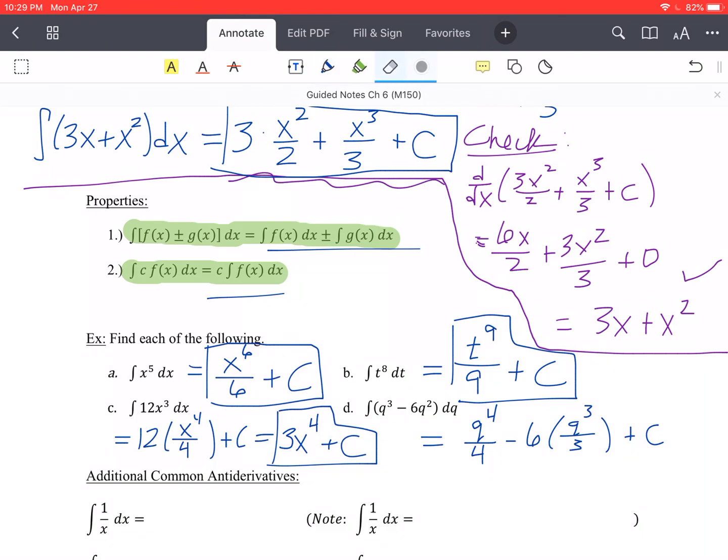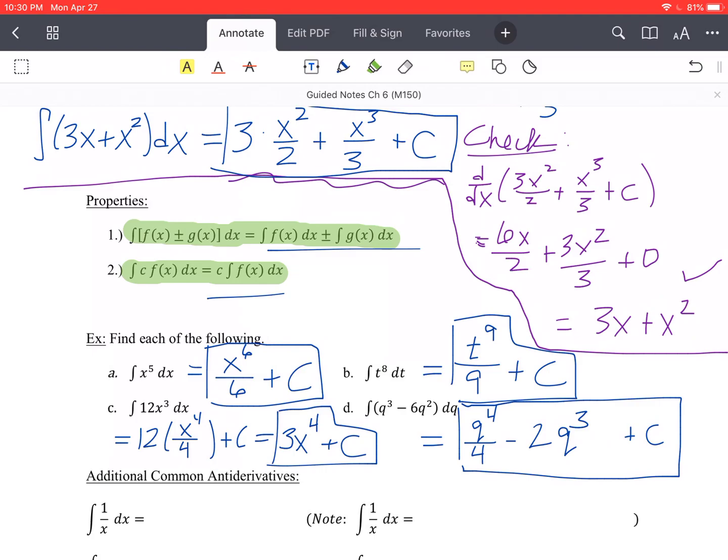A little bit of cancellation in that second term, so let me just rewrite that. The factor of 3 and the 6 leave us with just a 2q cubed on that one. And that would be our general antiderivative there, our indefinite integral.